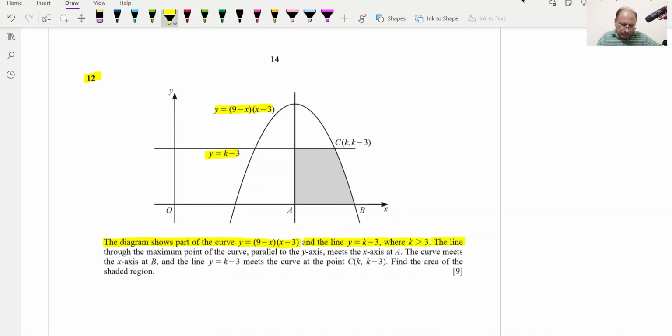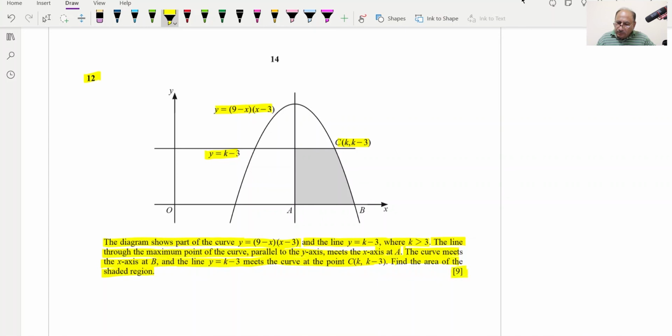The line to the maximum point of the curve, parallel to the x-axis, meets the x-axis at A. The curve meets the x-axis at B and the line y is equal to x minus k minus 3 meets the curve at this point. Find the area of the shaded region.